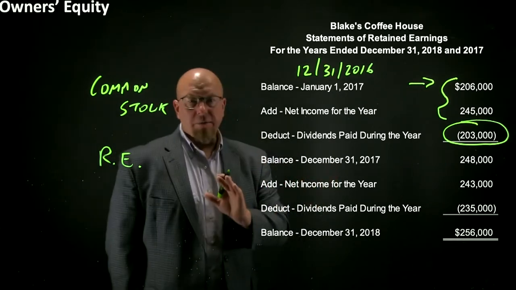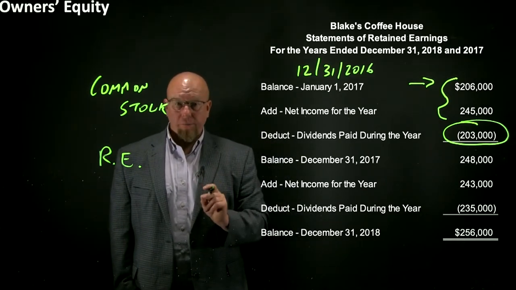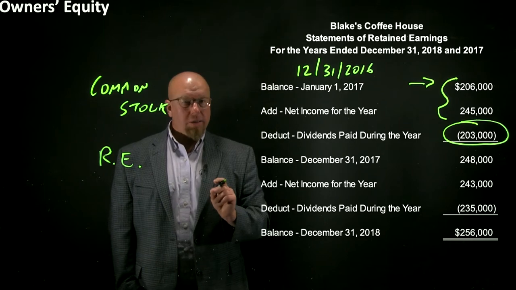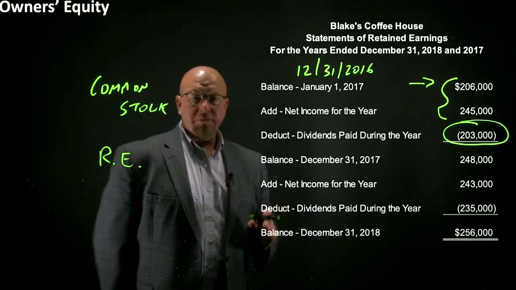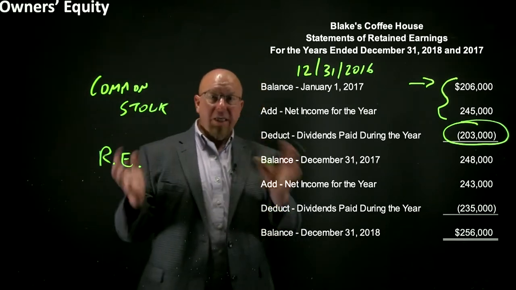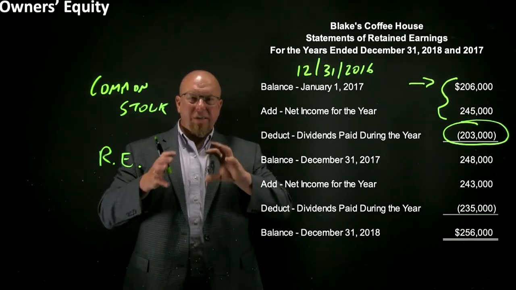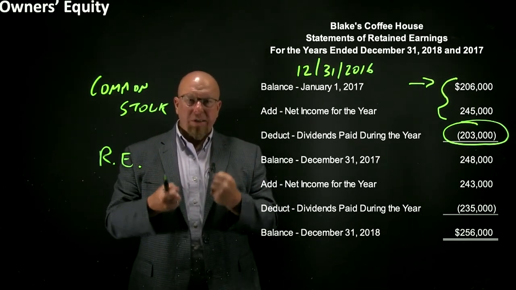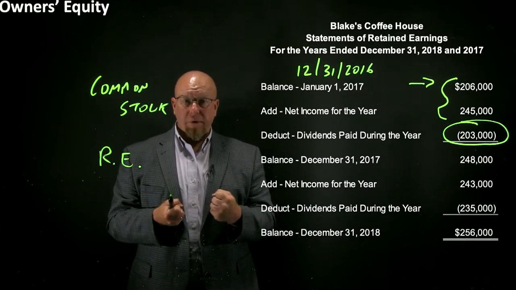Now, if this concept of retained earnings is confusing to you, I think that makes you normal at this stage of the game. It's an odd concept because retained earnings is not cash, it's not equipment, it's not any particular asset. It's really just this equity that's been generated because the business has been run in a profitable manner.